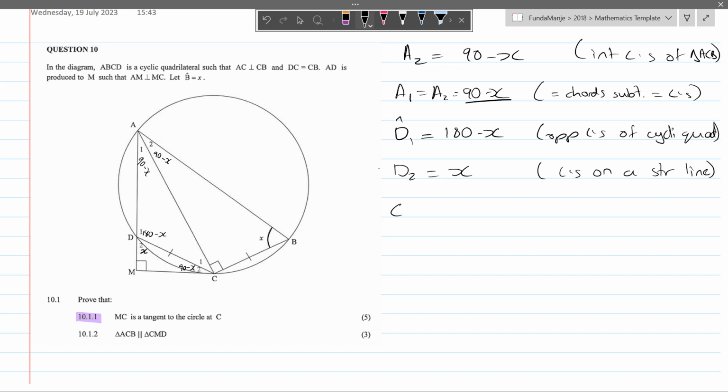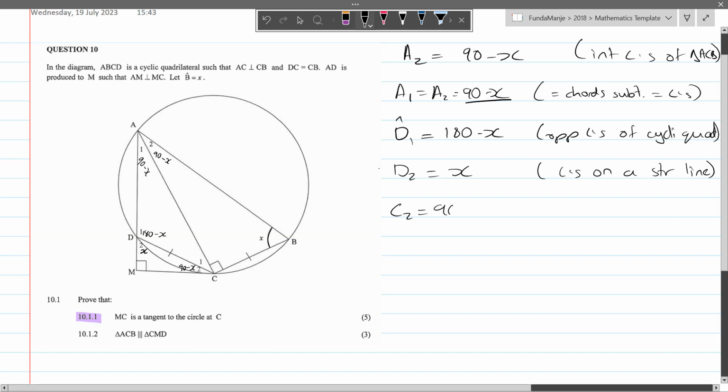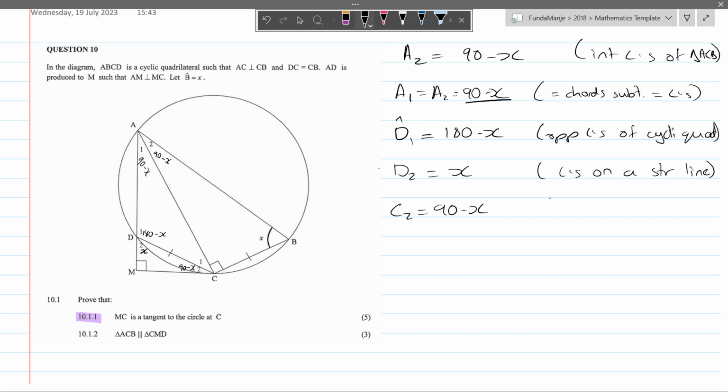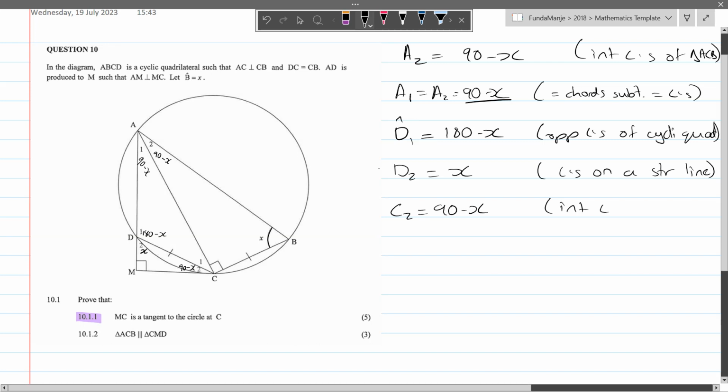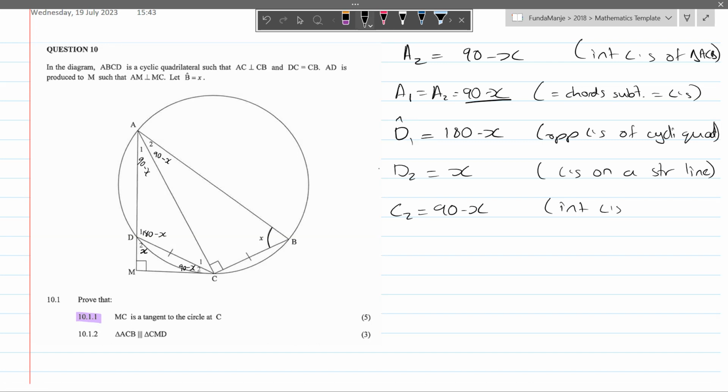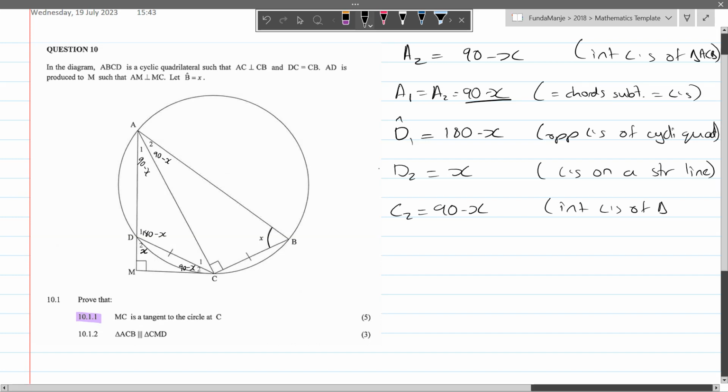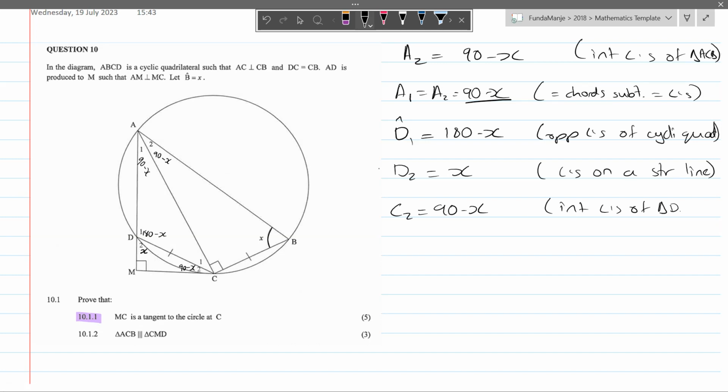Then we can say C2 is equal to 90 minus X. The reason now being interior angles of a triangle, and in this case triangle DMC.